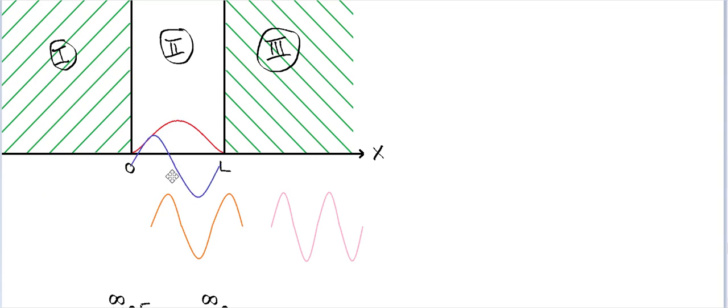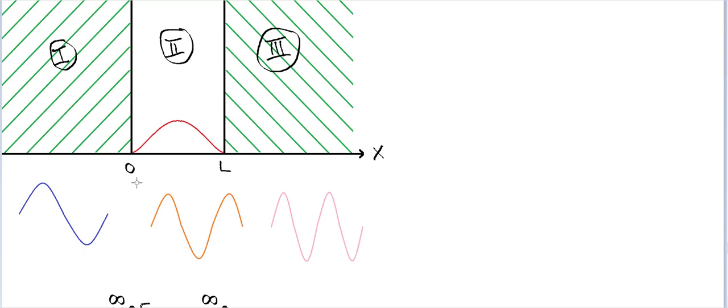So the wave function for this would look like so. Again, it goes to 0 at x equals 0 and x equals L. But also note that this one goes to 0 directly in the middle of the box.